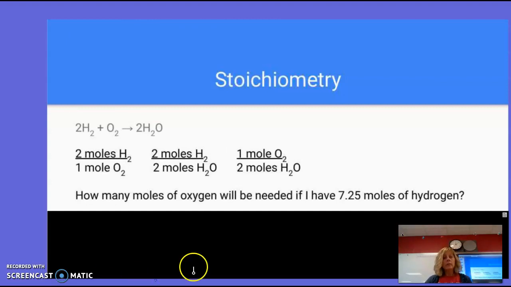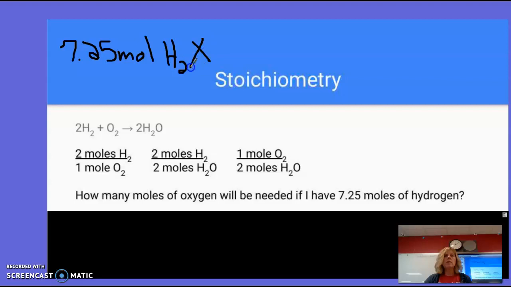How many moles of oxygen will be needed if I have 7.25 moles of hydrogen? So I'm starting with 7.25 moles of hydrogen, and I want to get to moles of oxygen. So this is moles of hydrogen, H2, because hydrogen is diatomic. I want to end up with moles of oxygen, O2, and again, that is also diatomic.